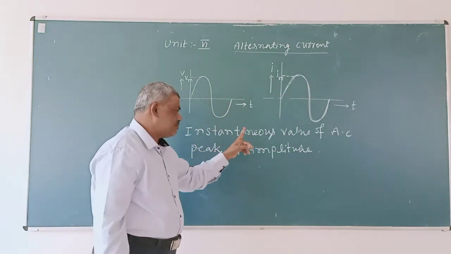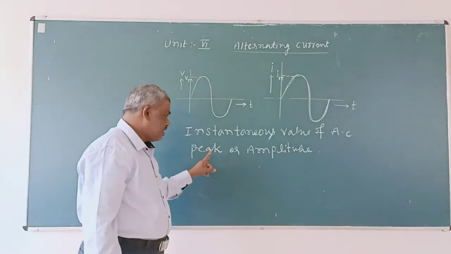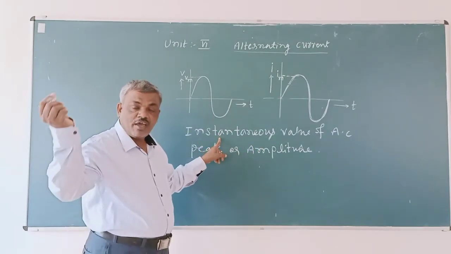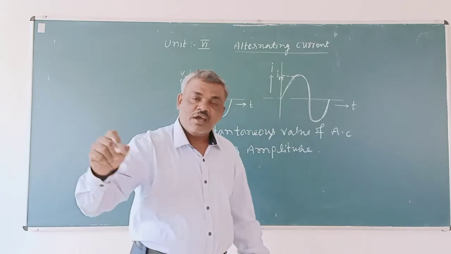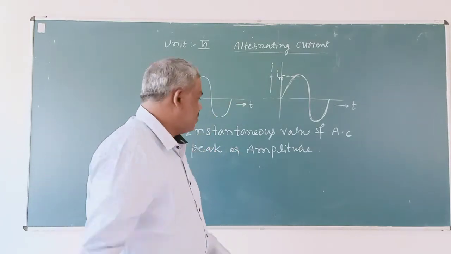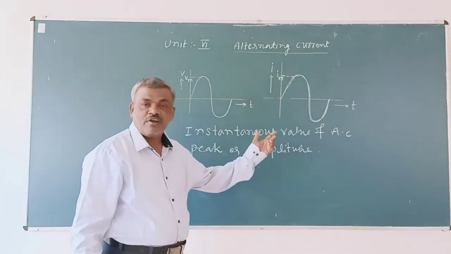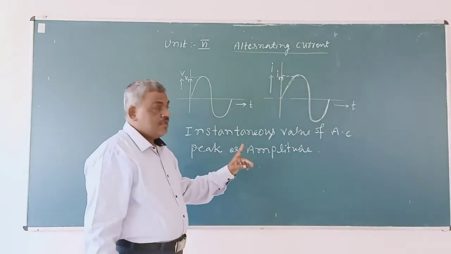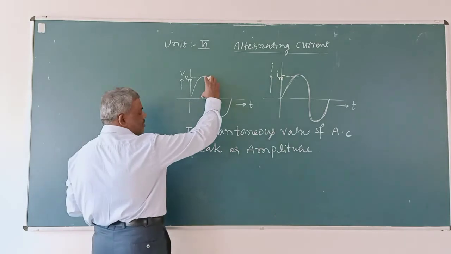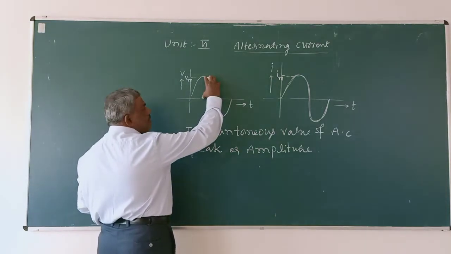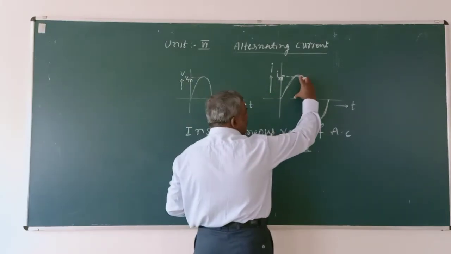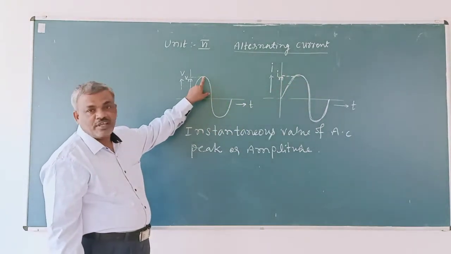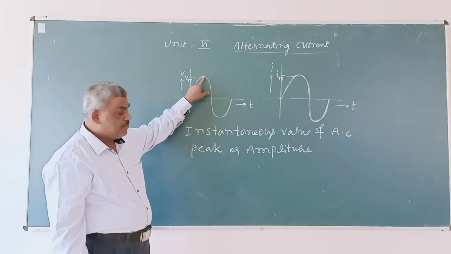The instantaneous value of AC, and the peak or amplitude of AC. Instantaneous: the value of alternating voltage or current at any instant of time. Peak or amplitude: the maximum value of the alternating voltage or alternating current. In a graph it shows this point, the peak value or amplitude.